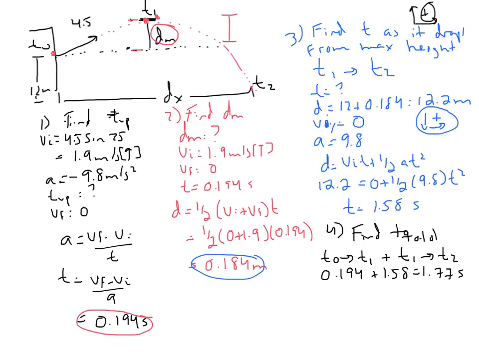Okay, so we know we're trying to find dx. So we'll call that number 5. We'll say dx is the question. Tx is 1.77. And Vx, as we've already established, is 4.08. V equals d over t. Distance equals velocity times time. You plug your numbers in, and you get 7.2 meters that way.